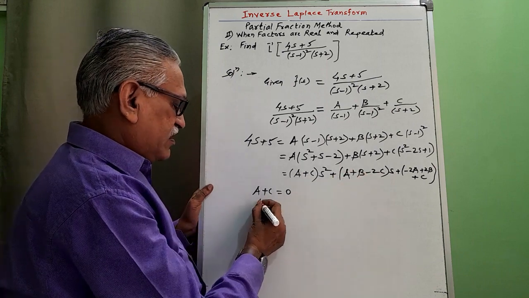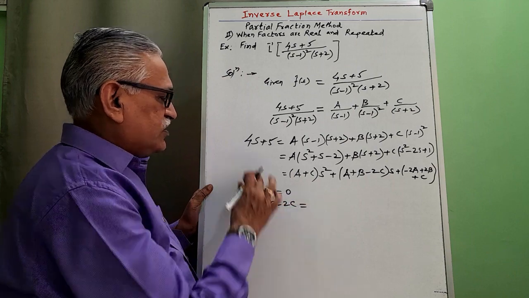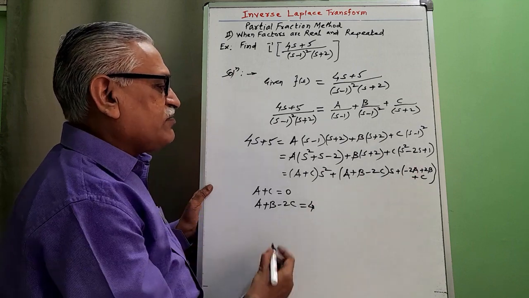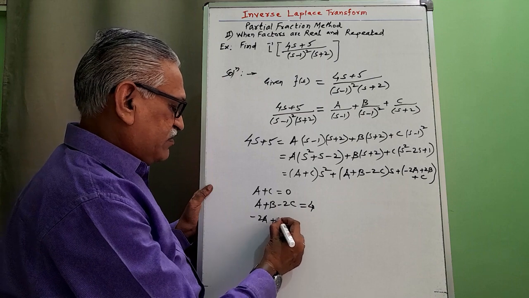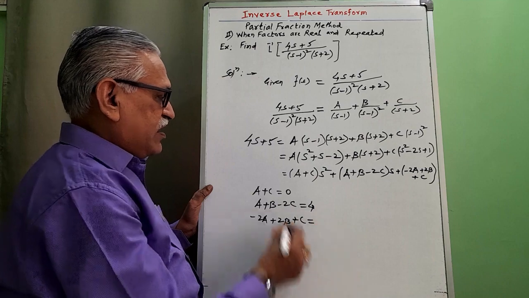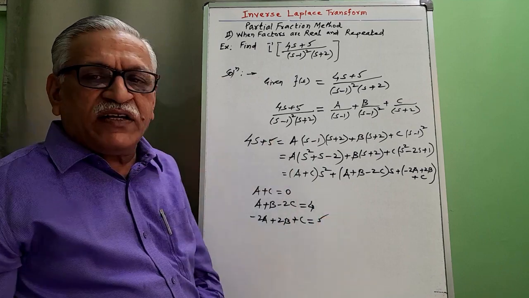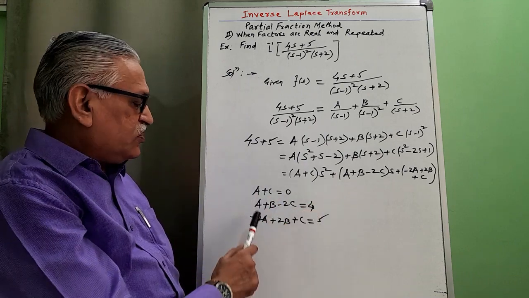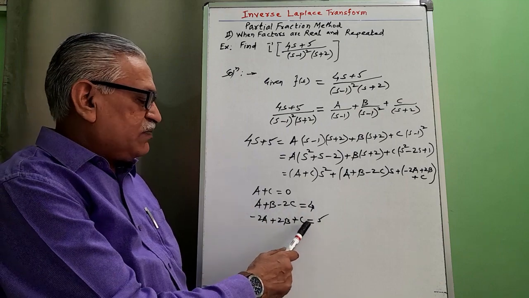Second, a plus b minus 2c is equal to the coefficient of s, here 4, then the constant term minus 2a plus 2b plus c, and here the constant term is 5. And therefore, comparing two sides, we get these three equations: a plus c equals 0, a plus b minus 2c equals 4, and minus 2a plus 2b plus c equals 5.